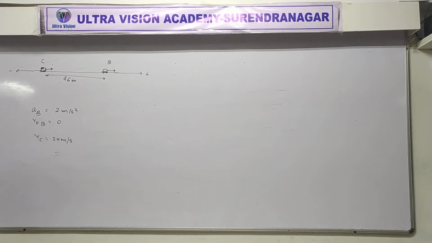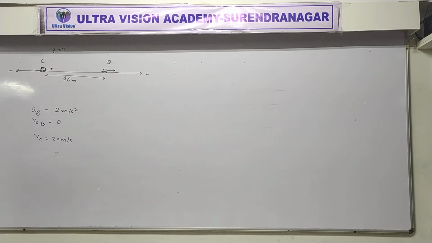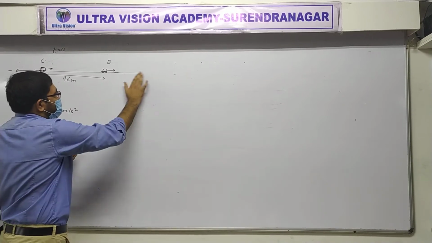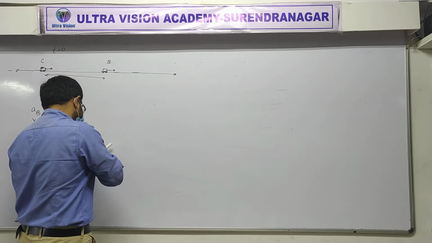So do you realize that if this is the photograph of the whole thing, say you are watching a movie, this is what is going on. This is the scene at t equal to 0. Then after some time, both the bus and the cyclist would be at the same point, correct or not?